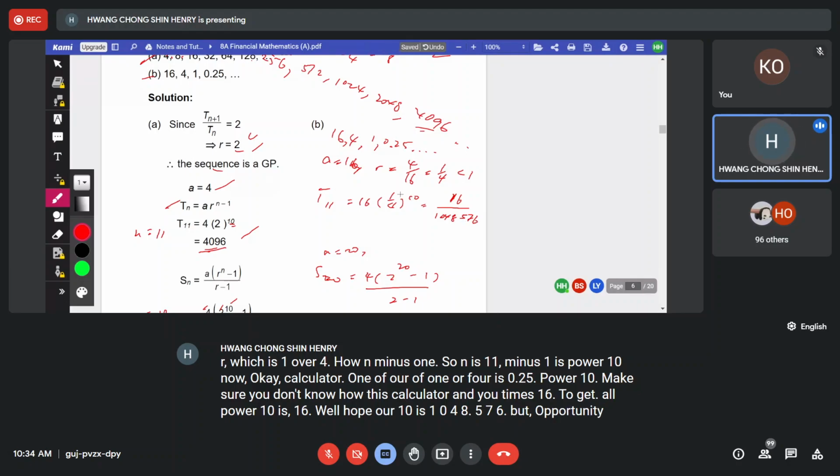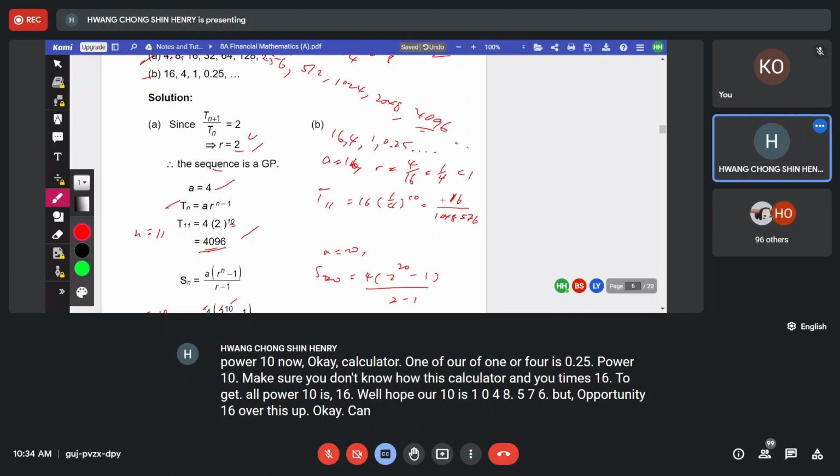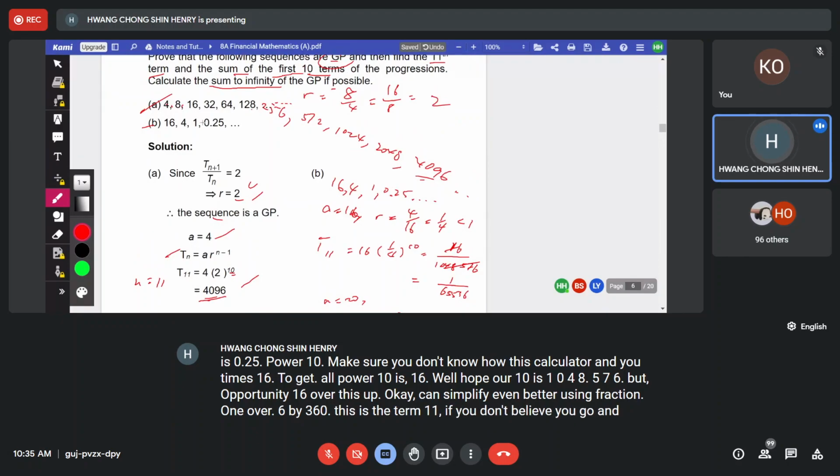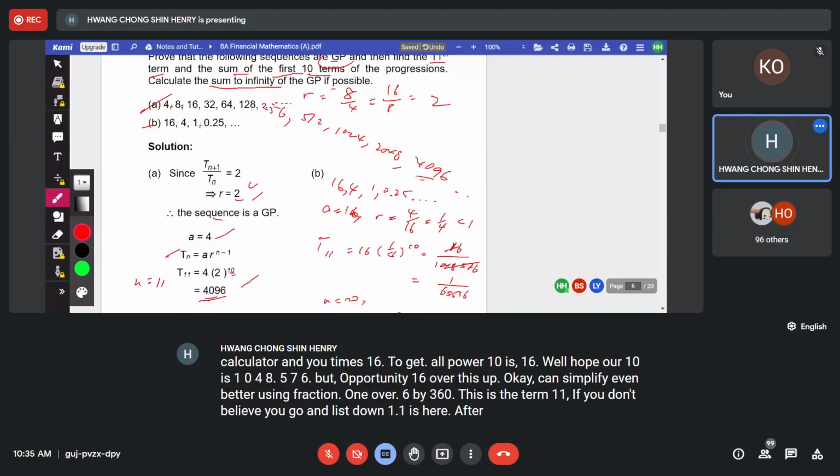So 16 over this. If you can simplify it, even better using fraction, 1 over 65536. This is the term 11. If you don't believe, you go and list down one by one. You see, after 1, 0.25 is what? 1 over 4, right?